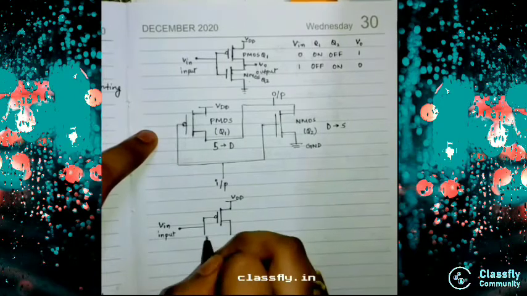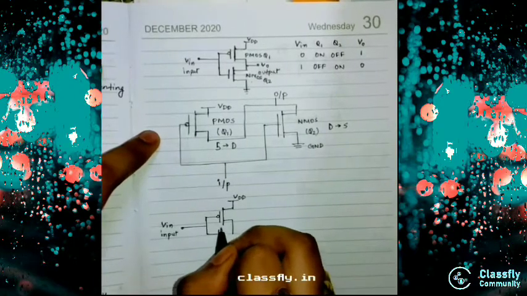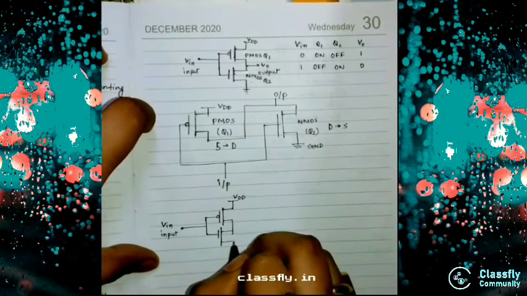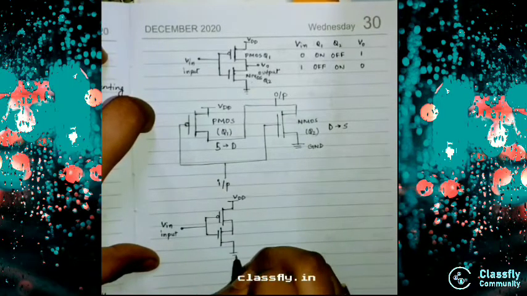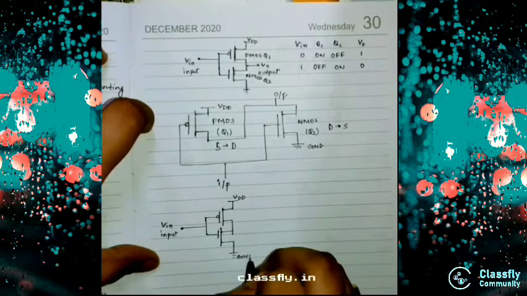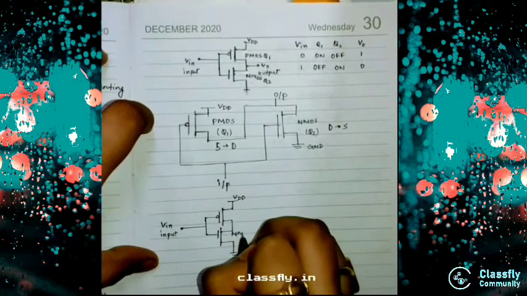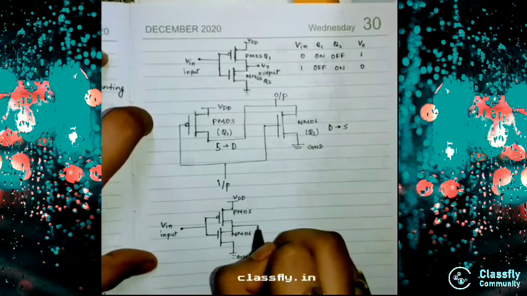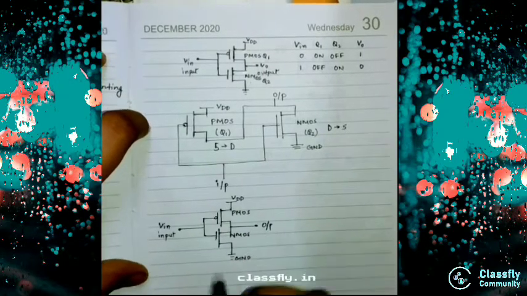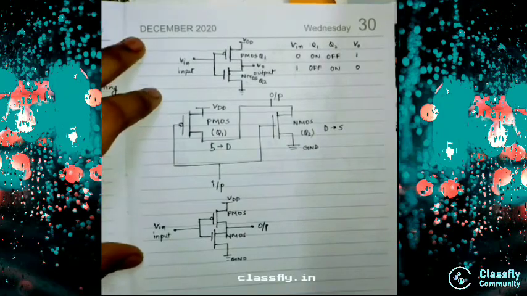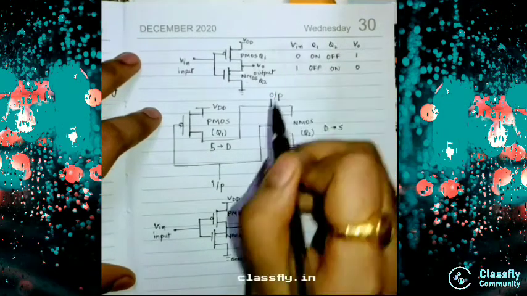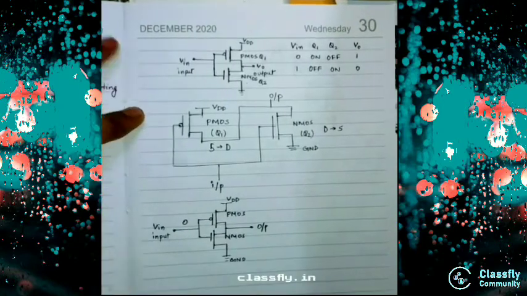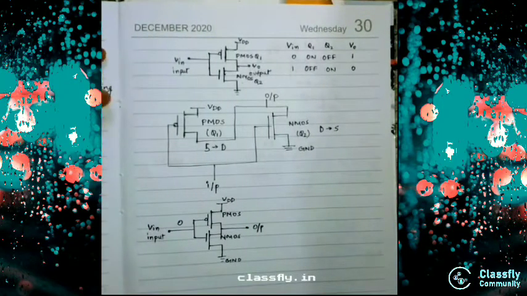Similarly for this, we will make a plate like this, and like this we will make the NMOS, and it will be grounded. So this is our NMOS and this is our PMOS, and this will be our output. Now let's see, we will give the input as 0.